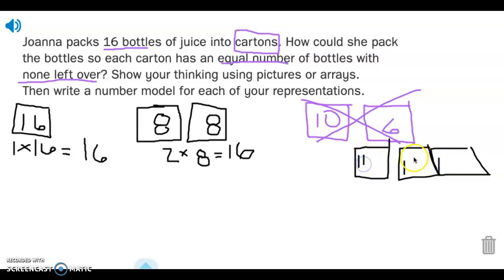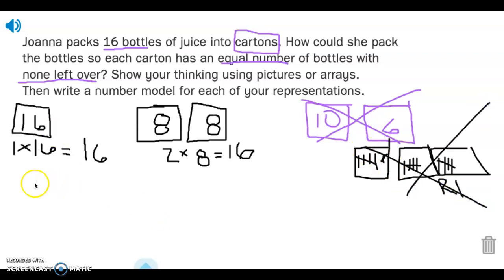And I'm going to tally all the way till I get to 16. I'm crossing because it is my 5th one. 13, 14, 15. Oh, how many more do I need to fit one more bottle? Can I put this in here and leave it like that? No. So I have 3 times 5, but I have a remainder of 1. So that one doesn't work either.